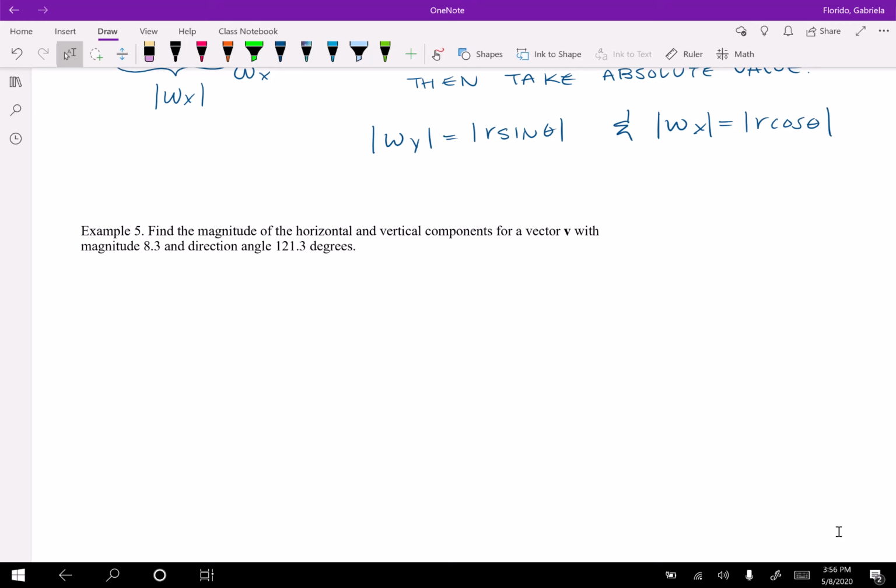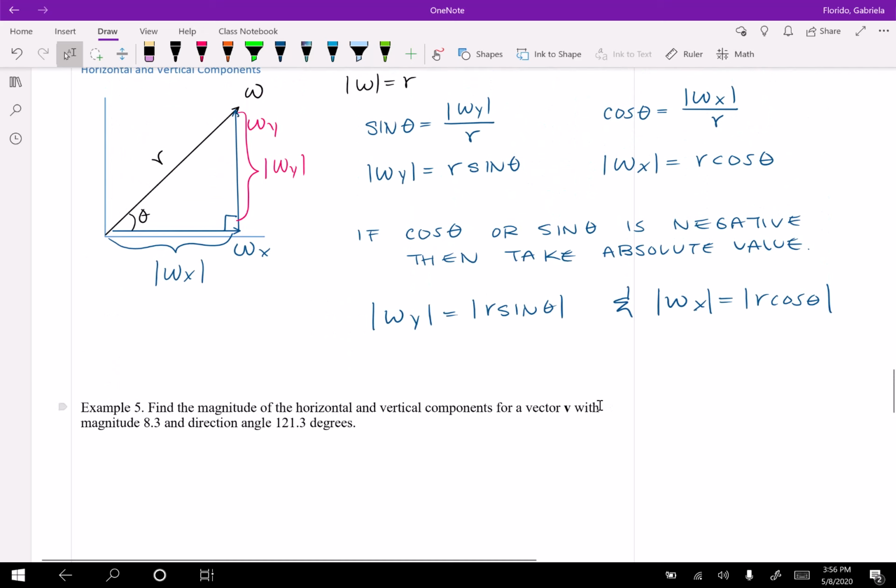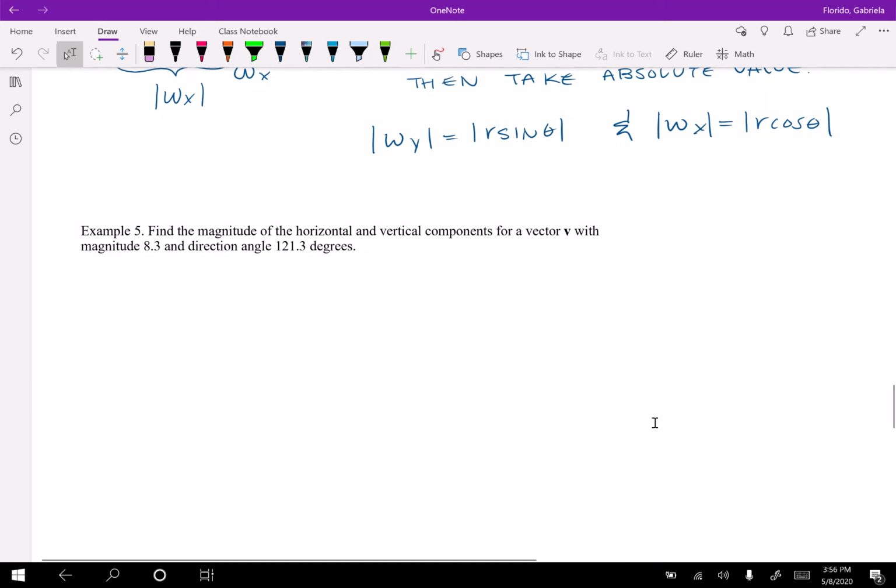It doesn't always have to be those letters, but since those are the letters I used in the previous example, I can just stick to them. So the magnitude of vector v is equal to 8.3, and the direction angle, which I'm going to call theta to stay consistent, is 121.3 degrees.